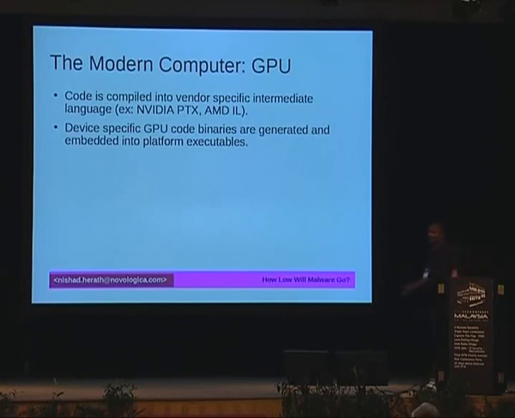The reason is pretty obvious: GPU vendors want to reserve the right to change their GPU architecture as they see fit. You put an IL in the middle, you have an abstraction layer, you're done. So generally, this device-specific code is embedded into the platform binaries. When the platform binary is loaded, the GPU code is loaded, verified, and uploaded into the GPU.